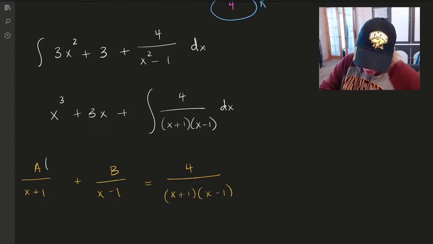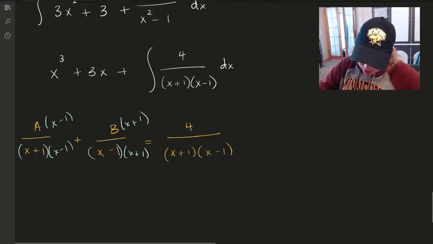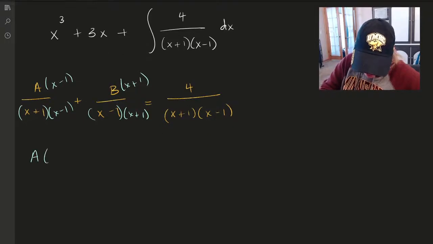So now multiplying by what we're missing, x minus 1 plus 1.